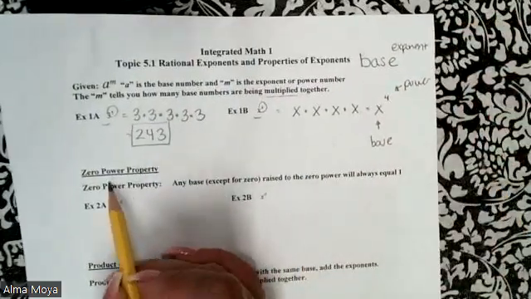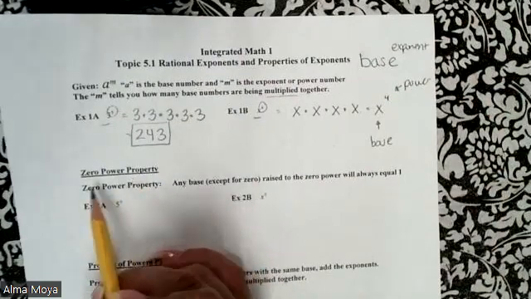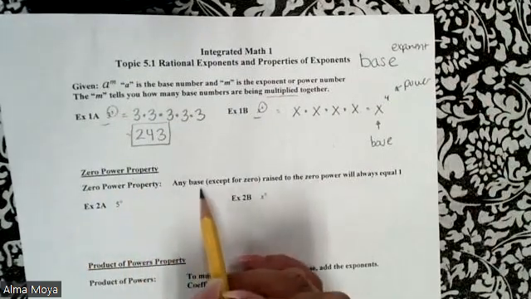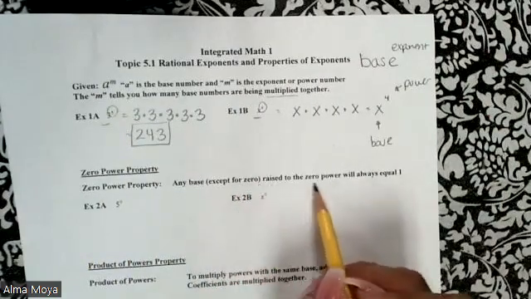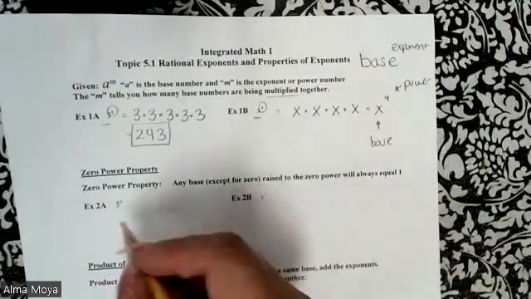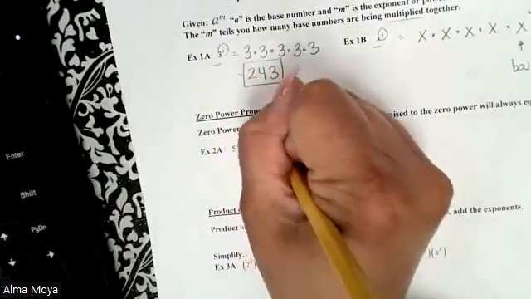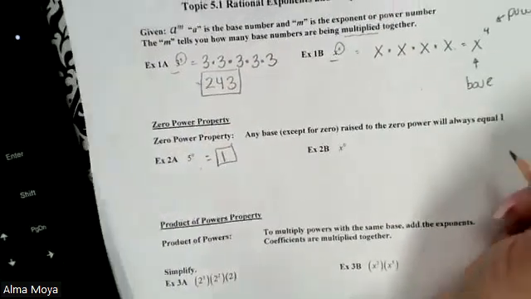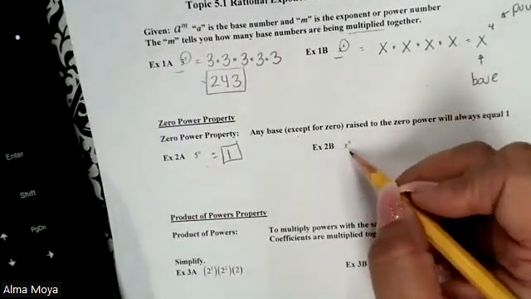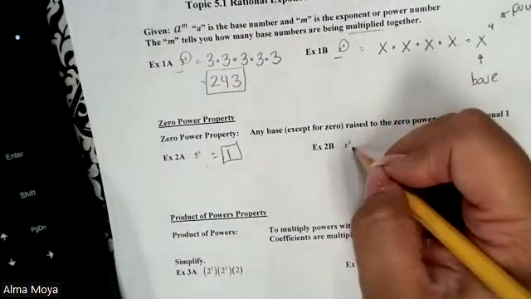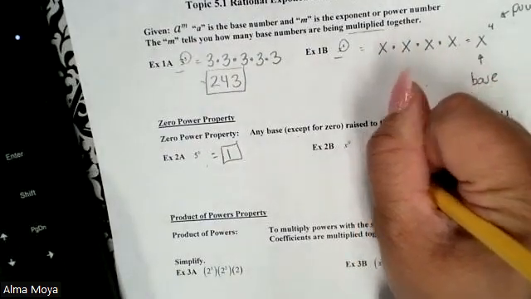Okay, zero power property. Any base except for 0 raised to the 0 power will always be 1. Like right here, it says 5 to the 0 power. If you type that into the calculator, it's going to give you the answer of 1. Anything raised to the 0 power is always 1. Even right here, it's x to the 0. Even though x is a variable, anything raised to the 0 power is going to be 1.